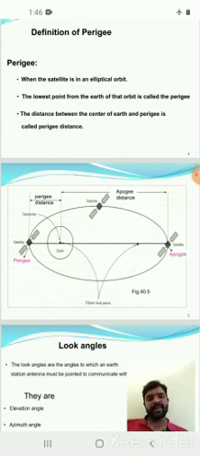The distance between the earth center and the satellite, which is the near or shorter distance, is called perigee distance.